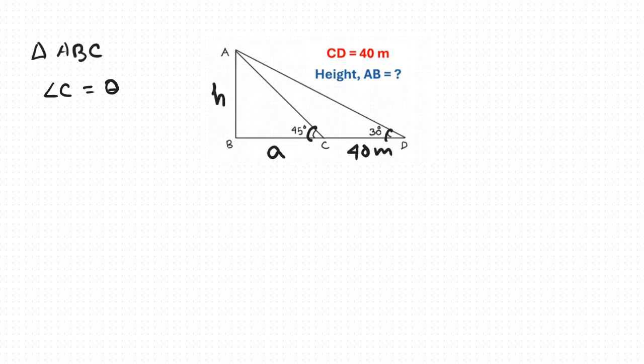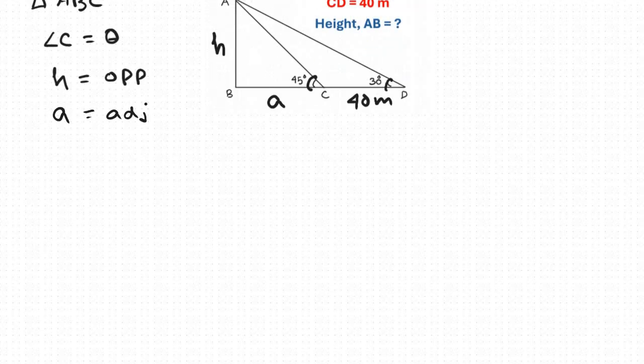We can say H is the opposite side and A is the adjacent side. So here we can apply the tan theta rule in this small triangle ABC.